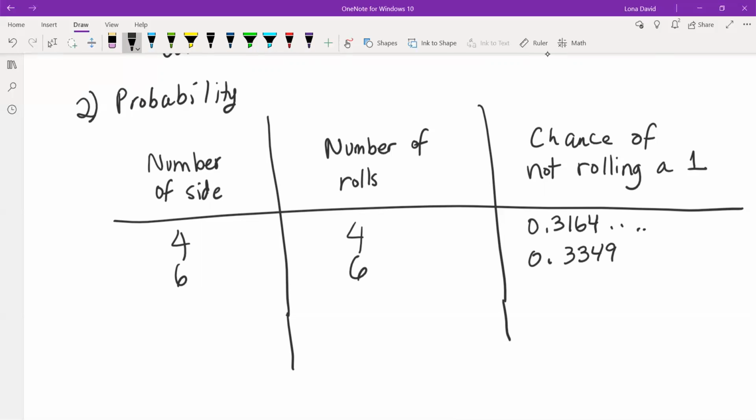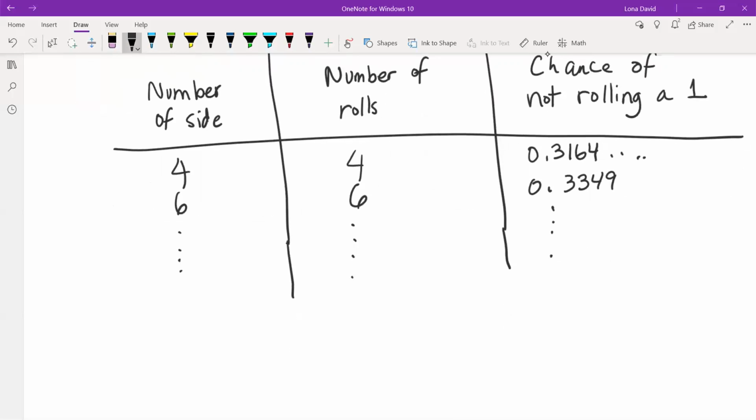So the more die I add, the closer and closer, and this is kind of like my compound interest, it gets closer and closer, not to e, but to 1 over e. 1 over e, which is approximately 0.3679. So if I have like a 1,000,000-sided die, which would be crazy, right?